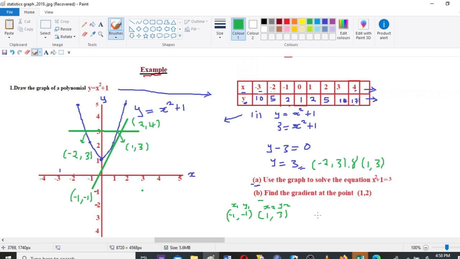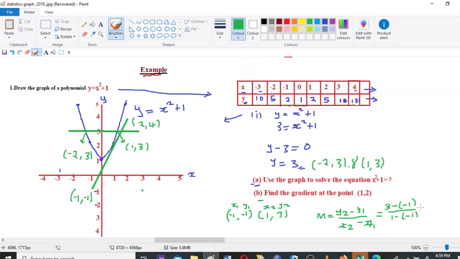Now applying the formula for the gradient, gradient is equal to y2 minus y1, divided by x2 minus x1. Substituting, our y2 is 3, so 3 minus 1, over our x2, which is 1, minus 1 again.